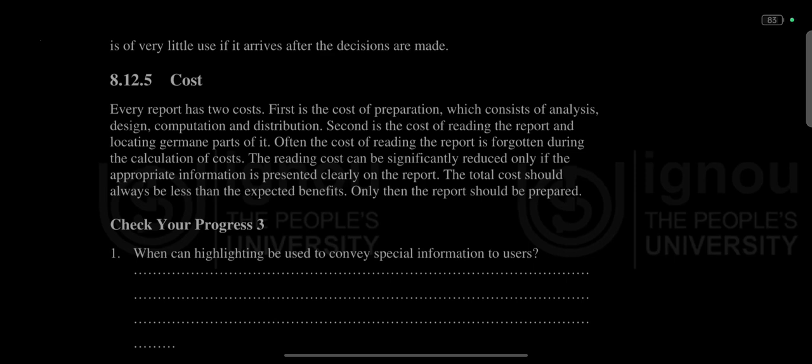The reading cost can be significantly reduced only if the appropriate information is presented clearly on the report. The total cost should always be less than the expected benefits. Only then should the report be prepared.